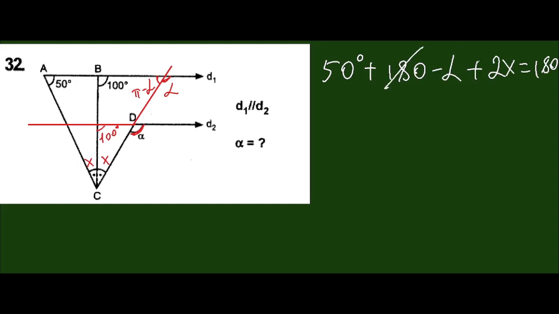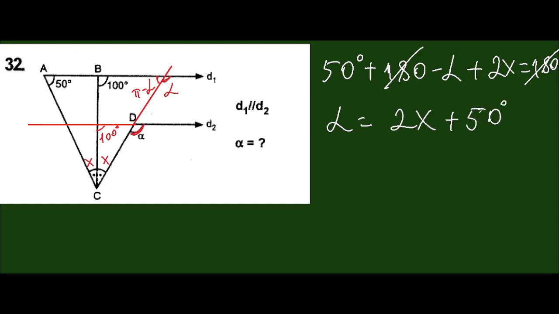So if we subtract 180 on both sides, we'll just get 0. And alpha will equal to 2x plus 50 degrees.